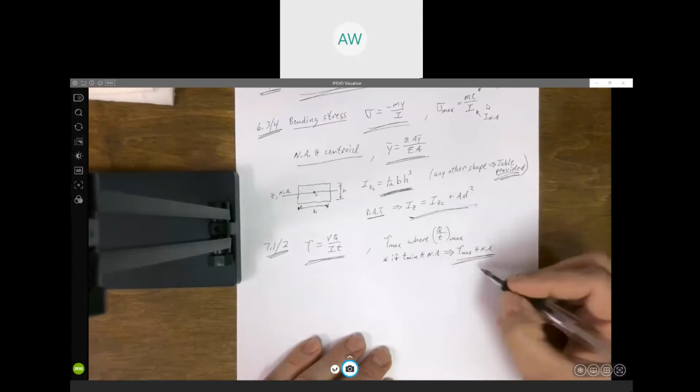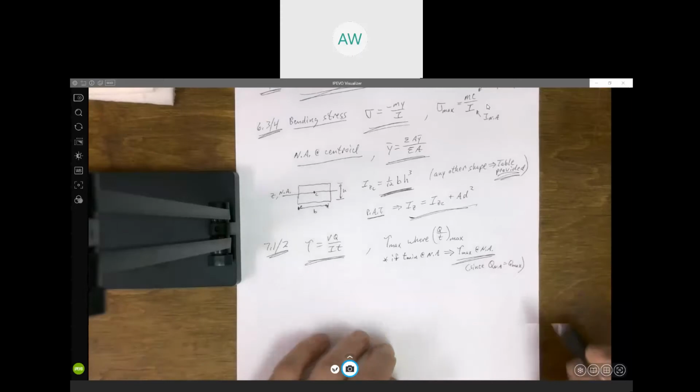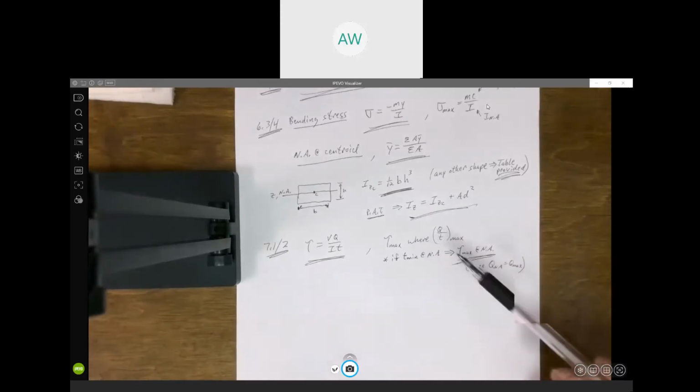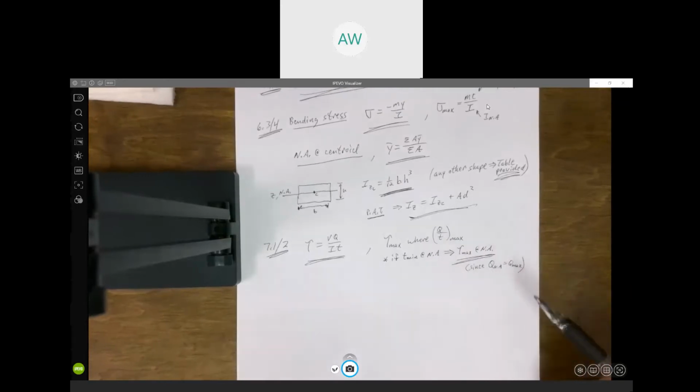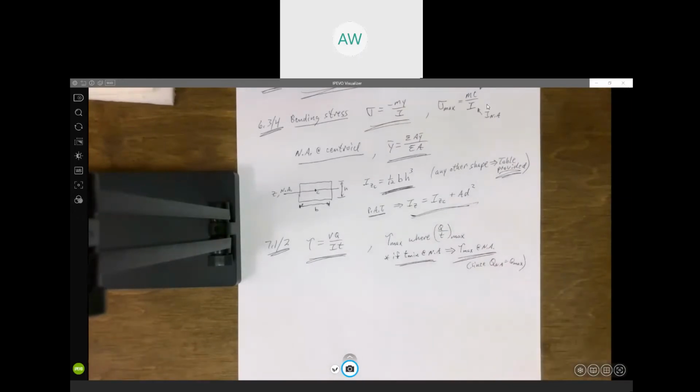And this is since Q at the neutral axis is the maximum Q. So at the neutral axis, if Q is max and t is min, that's going to give you the largest ratio of Q over t. So always look and see if that's true. If it is, that's where your maximum shear stress occurs.